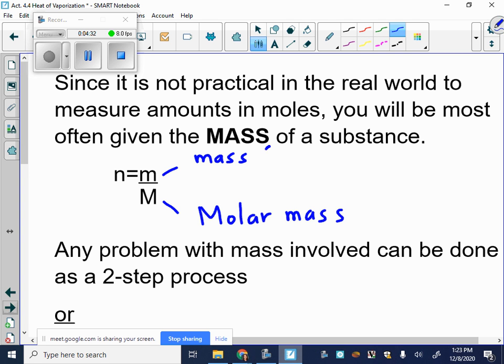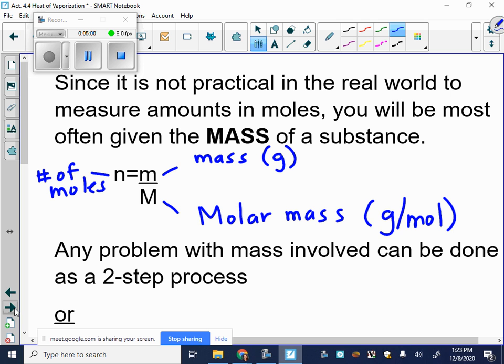You guys, mass can only be in grams. So when you're doing heat of vaporization experiments and they give you a mass in kilograms, you have to change it to grams. The reason is molar mass only comes in grams per mole. Okay, so when we're trying to figure out the number of moles, we need grams only.